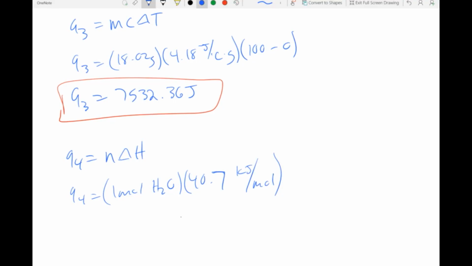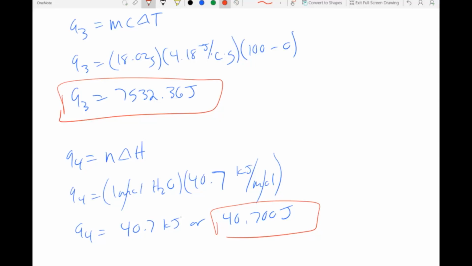The moles cancel, so we're just left with kilojoules. So Q4 will equal 40.7 kilojoules, or after we convert it, 40,700 joules. Okay, so this one is the one we want.